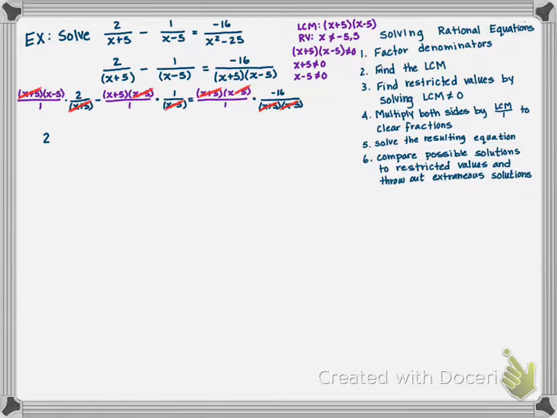So we got 2 times x minus 5 minus x plus 5 equals negative 16. Things like that middle term are the reason that I always just copy what I have before I start dropping parentheses, because it's easy to miss that you have to distribute that negative if you try to do all the distributing and getting rid of parentheses before writing it out.